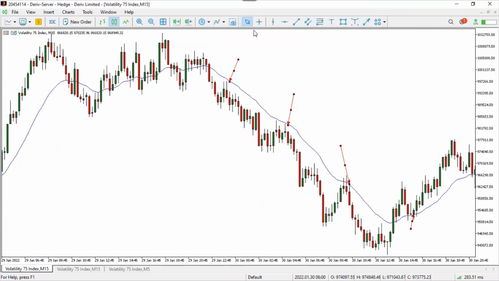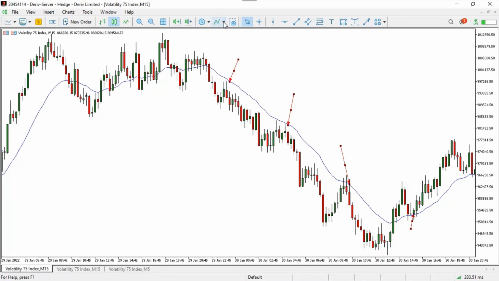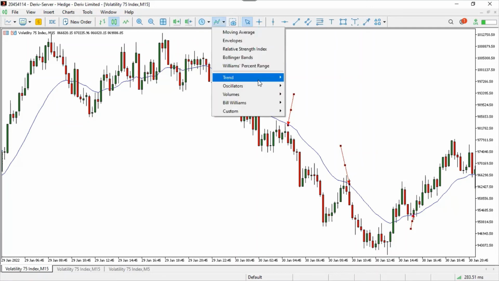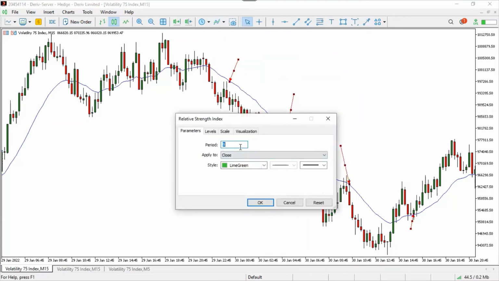We're going to add a relative strength index indicator, which is really an oscillator. So we go to oscillators, we go to relative strength index, RSI. You use RSI 13, apply to close.